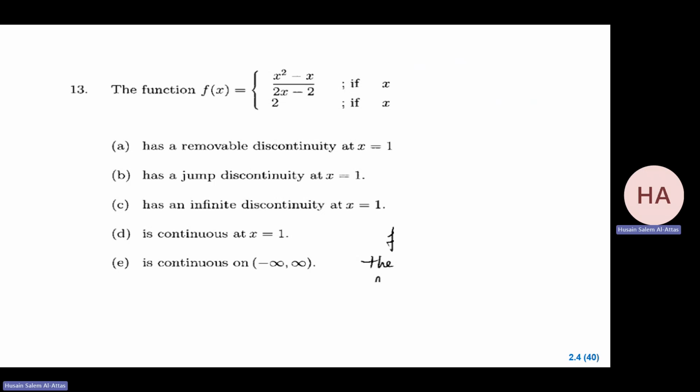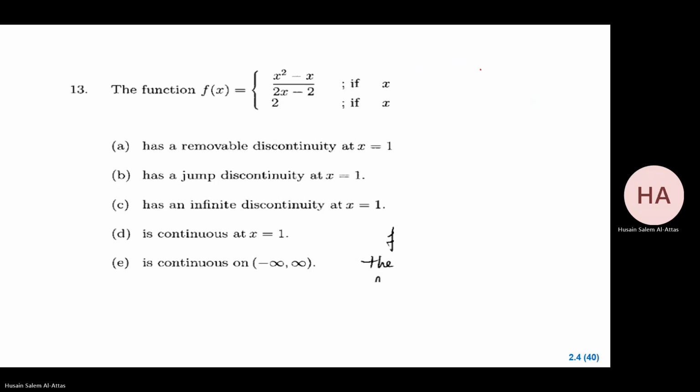Same idea. At x equal 1, here I have if x is less than 1, and this is greater than or equal to 1, something like this. So check the limit as this goes to 1. How to check the limit exists or does not exist?